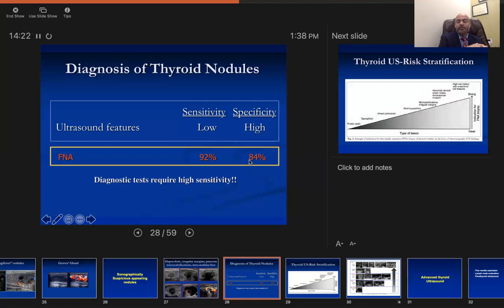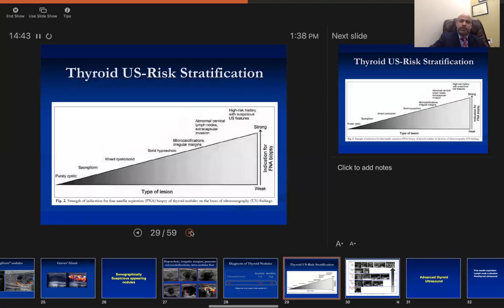So obviously we pick FNA when we are seeing a suspicious nodule. We do not just look at the ultrasound and say this is benign and this is malignant, although in some, obviously in spongiform nodules and purely cystic nodules, that is the role of ultrasound. When there is a question, intermediate or high suspicion, we go ahead and do FNA.